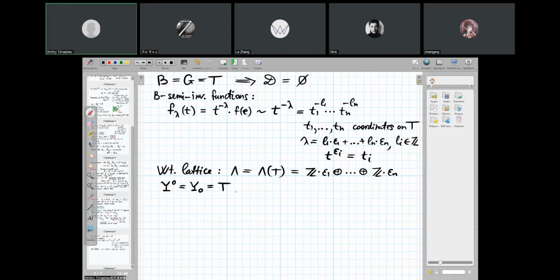It is an affine variety, and the coordinate algebra of this variety is just the ring of Laurent polynomials in these coordinates T1, etc., Tn.